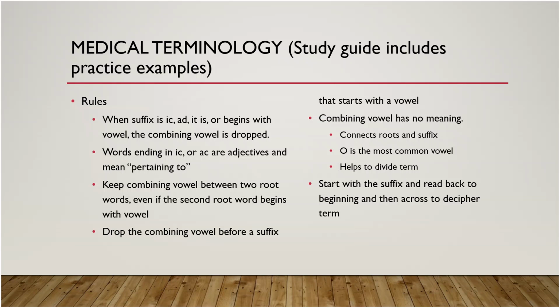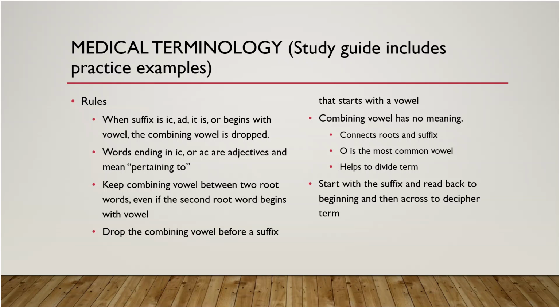We don't need it because there's already a vowel attached. Words ending with -ic or -ac are adjectives and mean pertaining to. So anytime you see -ic or -ac, it's going to be pertaining to a structure or a condition. So it could be a cardiac infarction, an infarction pertaining to the heart.